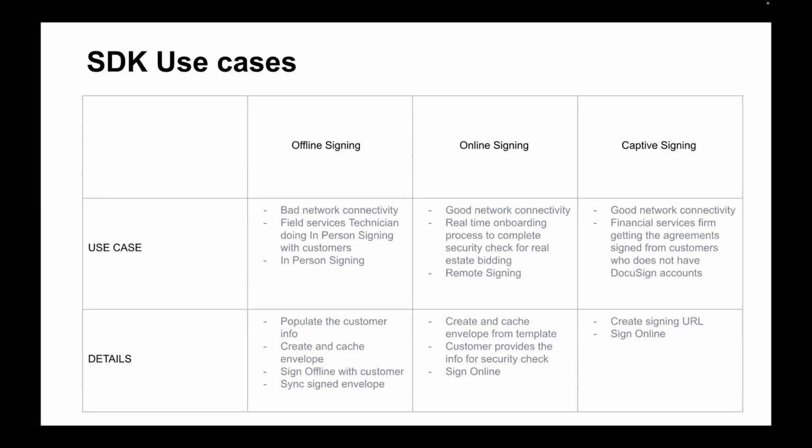As it is online signing, we need a very good network connectivity to perform this process. As a flow, you create and cache the envelope from a template, or you create the envelope locally, and then you present the screen, which asks knowledge-based authentication questions or security check questions. Based on that, you launch the online signing flow.